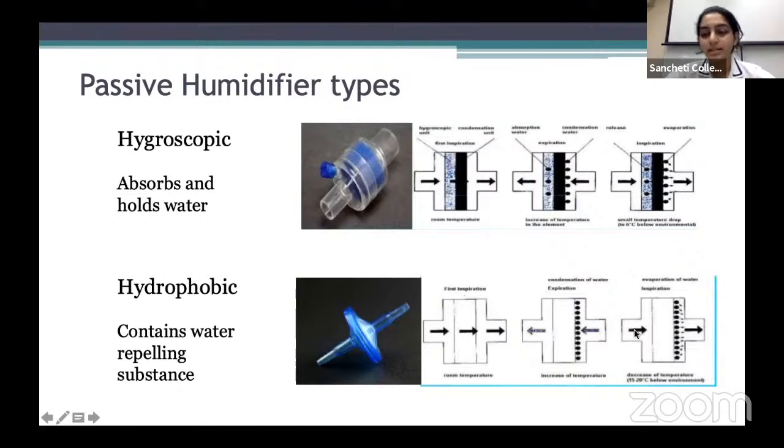And then with the next breath, the water will be picked up and go into the patient. Okay. So these are two basic forms of passive humidifiers. It doesn't really matter what substance is used inside. The mechanism basically remains the same.